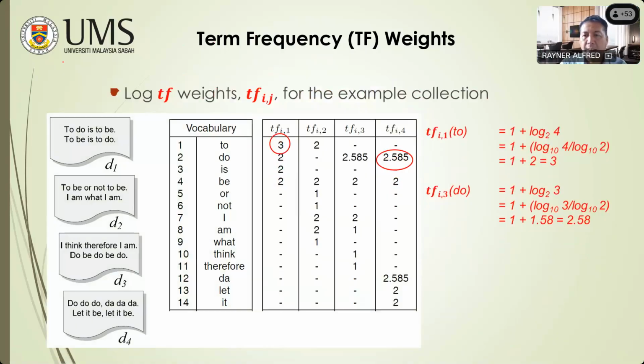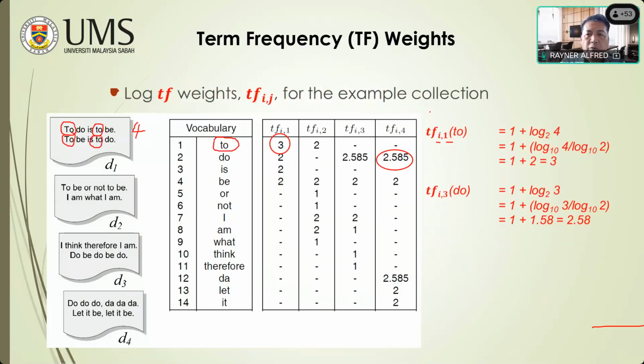This is the term frequency for keyword 2 in document 1. If you're looking at 2 in document 1, how many do we have? 1, 2, 3, 4, right? So we have 4.